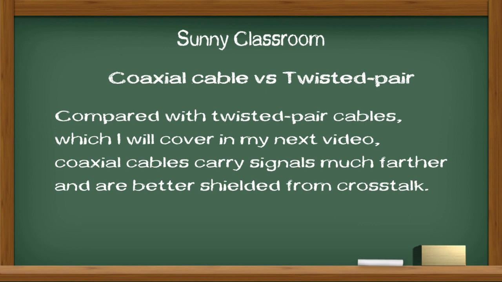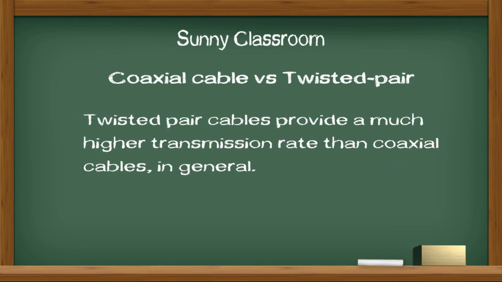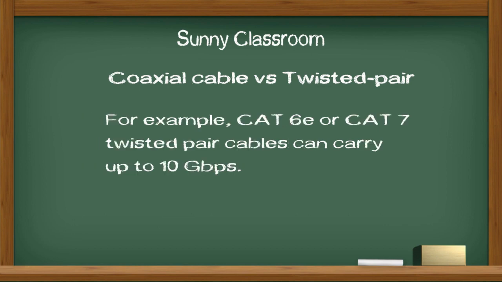Compared with twist pair cables, which I will cover in my next video, coax cables carry signals much further and are better shielded from crosstalk. Twist pair cables provide a much higher transmission rate than coax cables in general. For example, Cat6e or Cat7 twist pair cables can carry up to 10 gigabits per second.